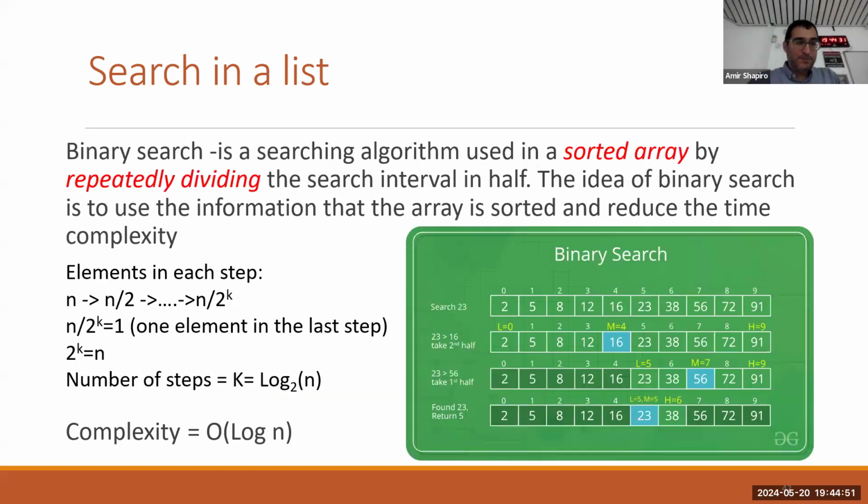But if the list is a sorted array, so here we have 9 cells, but the numbers in the cells are sorted from the smallest to the largest, and I need to find a specific number.